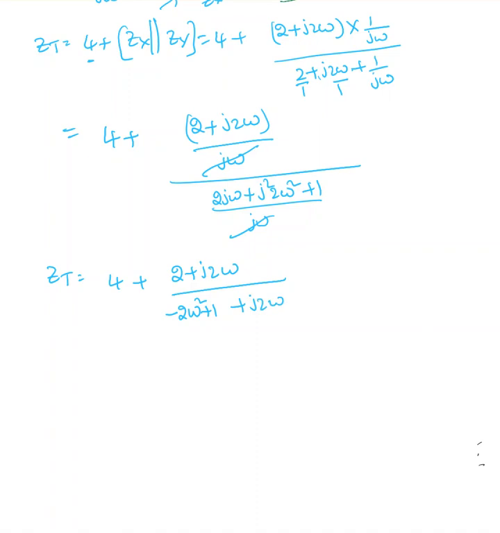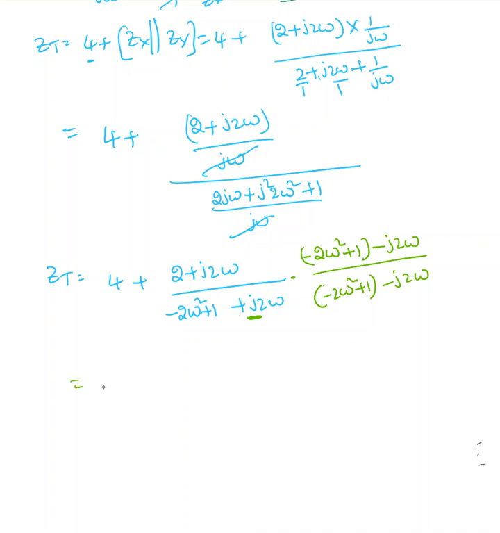Now as I mentioned, make sure that there is no imaginary term in the denominator. So I need to eliminate that j in the denominator. What I'm going to do is multiply this with the complex conjugate. So minus 2 omega square plus 1, oh, here I have plus, so this must be minus here, minus j2 omega divided by minus 2 omega square plus 1 minus j2 omega.